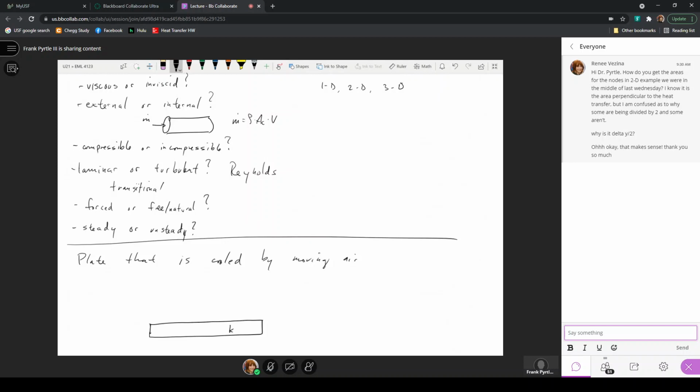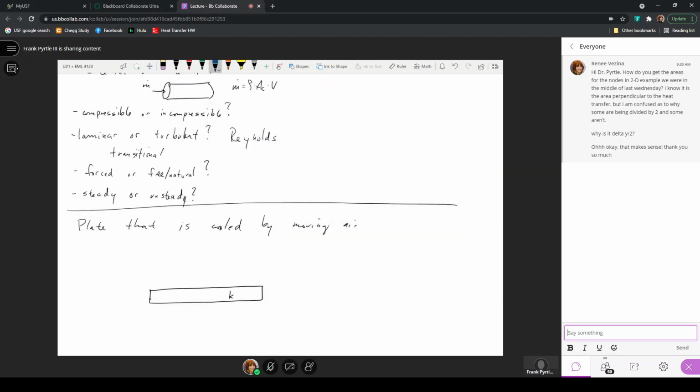The air is moving over the upper and the lower surfaces of this plate, so consider that the air is moving over the top and the bottom of the plate.